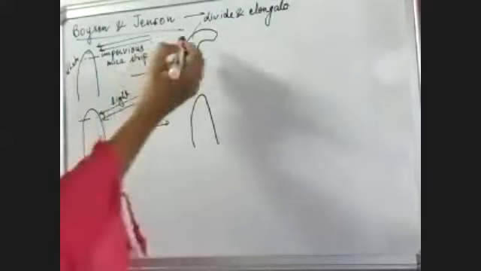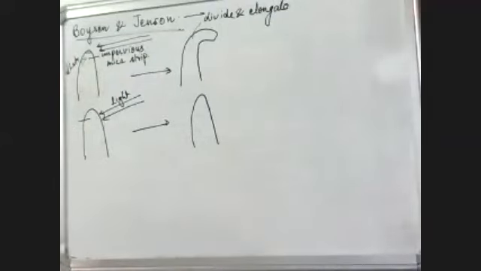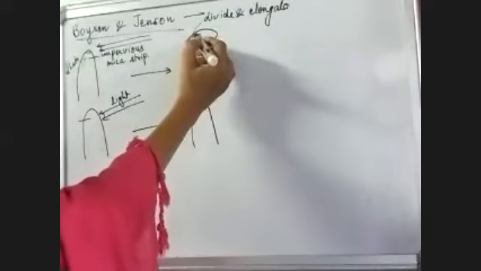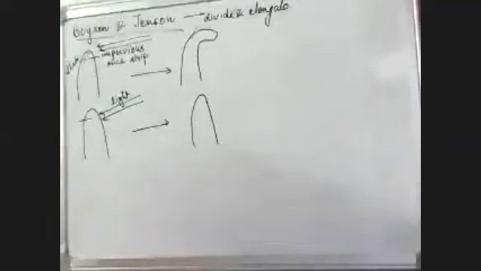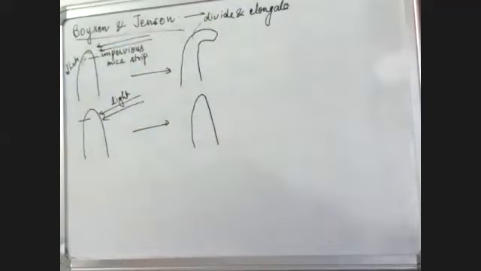If the cells of the shady side do not divide or elongate, it will not bend. So for bending, there has to be cell division and elongation of the cells present on the shady side. In the first case, the cells here divided and it bent.